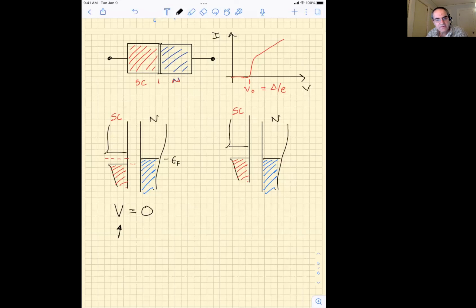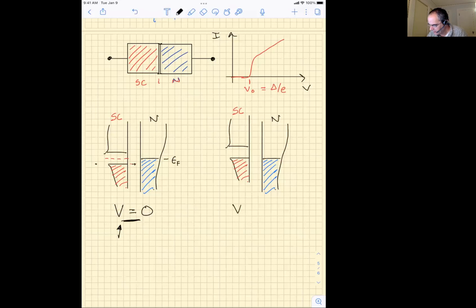Okay? So carriers cannot tunnel from the superconducting material into the normal material because at 0 volts, the states at the energy of the most energetic carriers in the superconductor are all occupied in the normal metal. Okay? So nothing can happen.